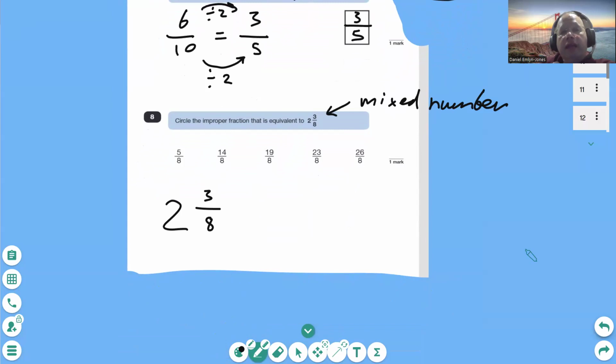So what we have to do is turn that into an improper fraction. And to do that, we get the denominator 8, we times it by the 2, and we add the 3. You can convert any mixed number into an improper fraction like this. On the bottom goes 8. 8 times 2, 16, plus 3 is 19. You can do any mixed number like that. So it's that one, isn't it?